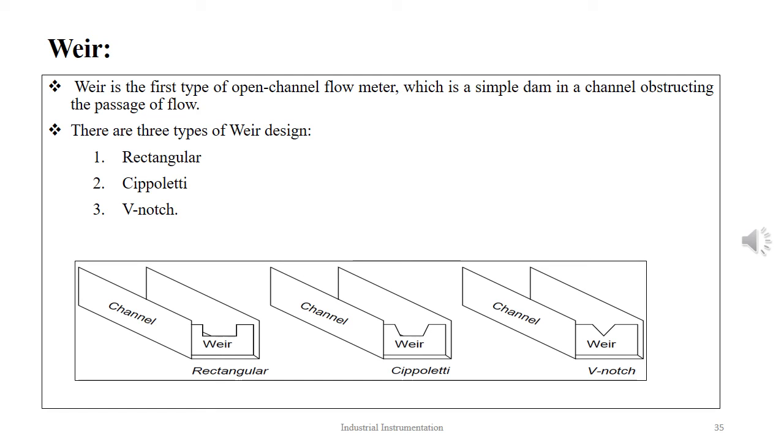Weirs operate on the principle that an obstruction in a channel will cause water to back up, creating a high level behind the barrier. The head is a function of flow velocity, and therefore the flow rate through the device can be measured. Weirs consist of vertical plates with a sharp crest.